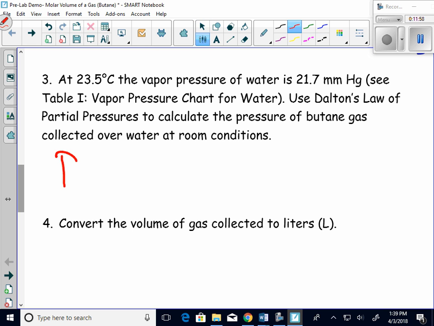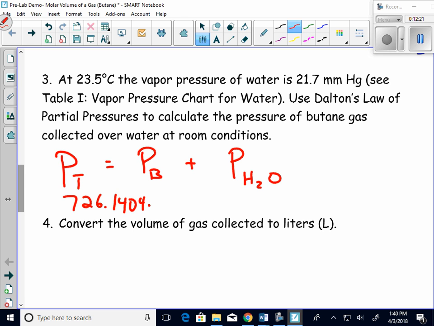My total pressure is equal to the pressure of the butane plus the pressure of the water. Well, I just figured my total pressure, didn't I? So I'm going to use that: total pressure, 726.1404 millimeters of mercury, equals the partial pressure of butane plus 21.7 millimeters of mercury, because that's water.